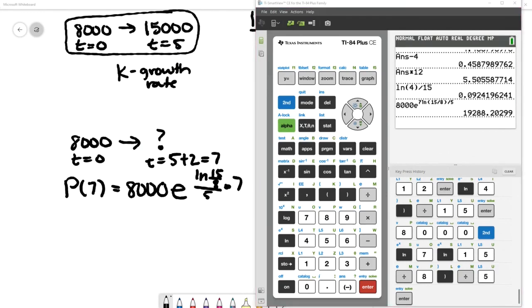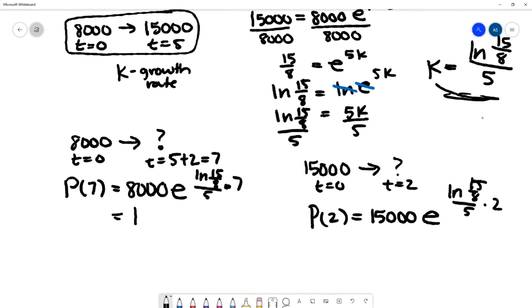So let me check the rounding. Round to the nearest whole number. That's 19,288.